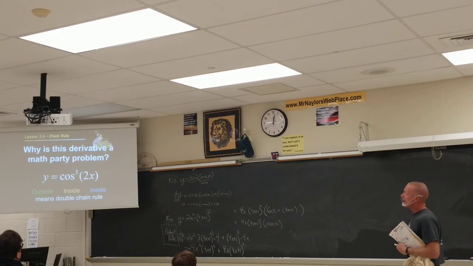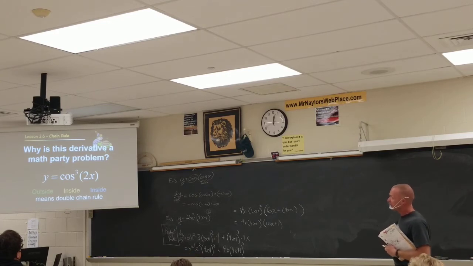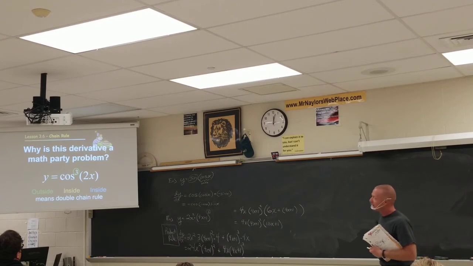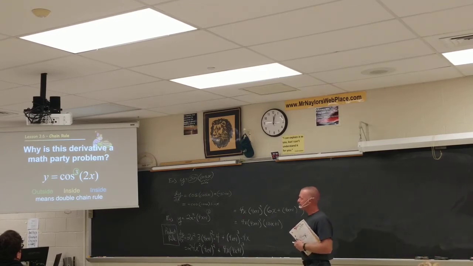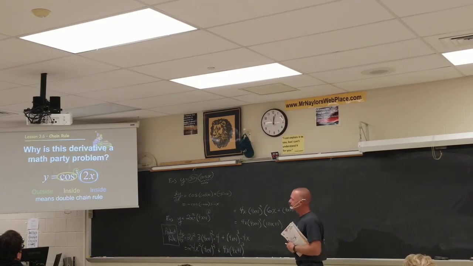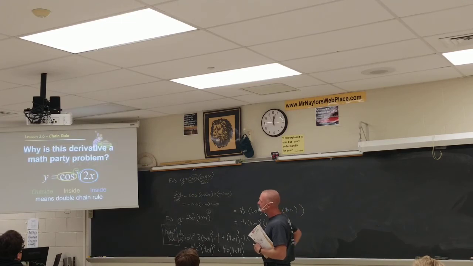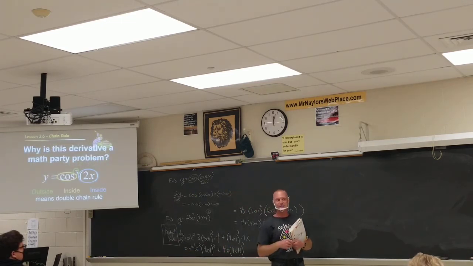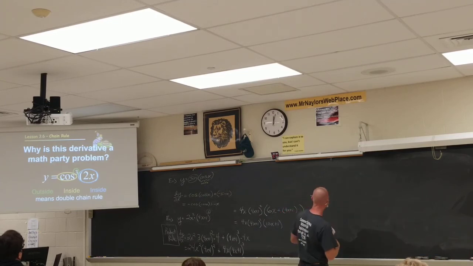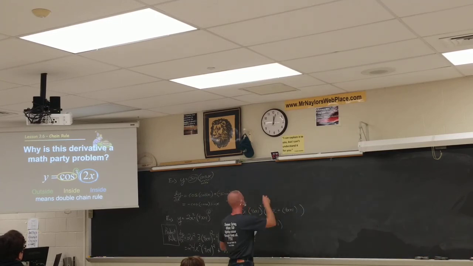Okay, in this case, we have an outside function of 3, but we actually have what we'll learn to be like 2 inside functions, sometimes thought of as the inside and then the inside. But bottom line is we have 2 inside functions. Okay, what are we going to do about that?